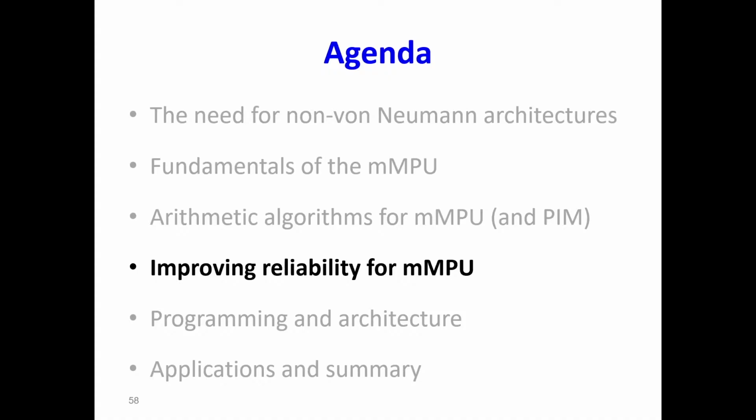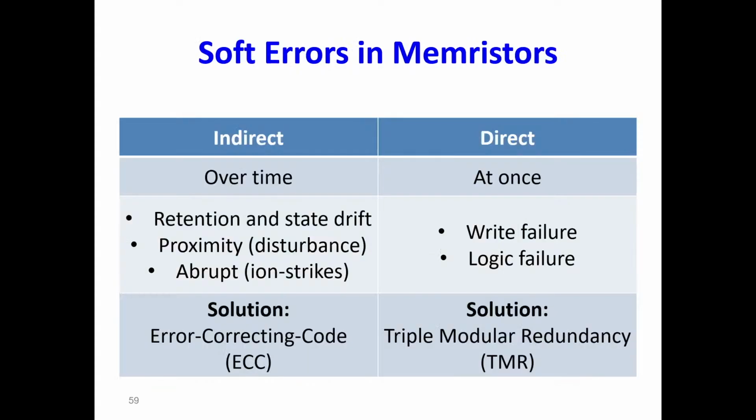Okay, so that's one aspect. We can do different operations, for example, arithmetic, but you can think about other algorithms as well. What about reliability? One of the main challenges in emerging technologies is reliability. I will focus today on soft errors. Hard errors are actually hard problems that also need to be solved, especially for stateful logic. But for soft errors, there are 2 types of soft errors.